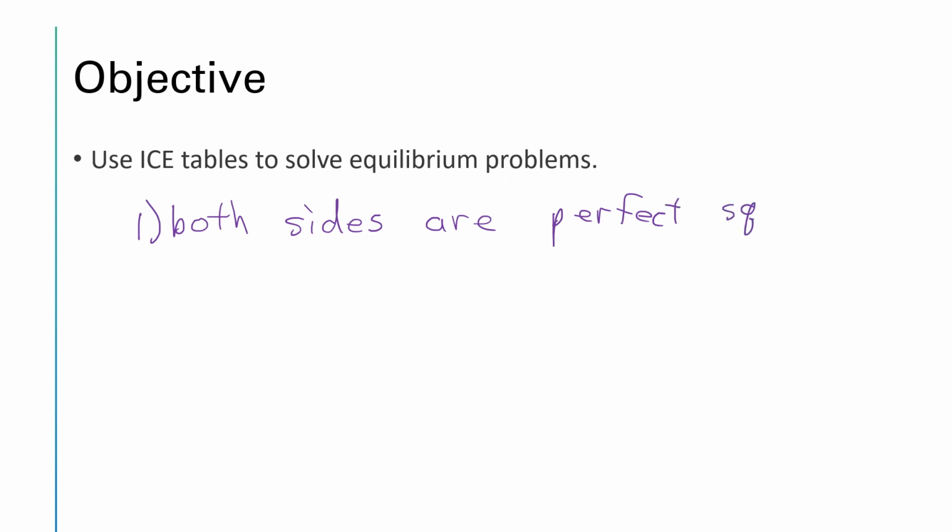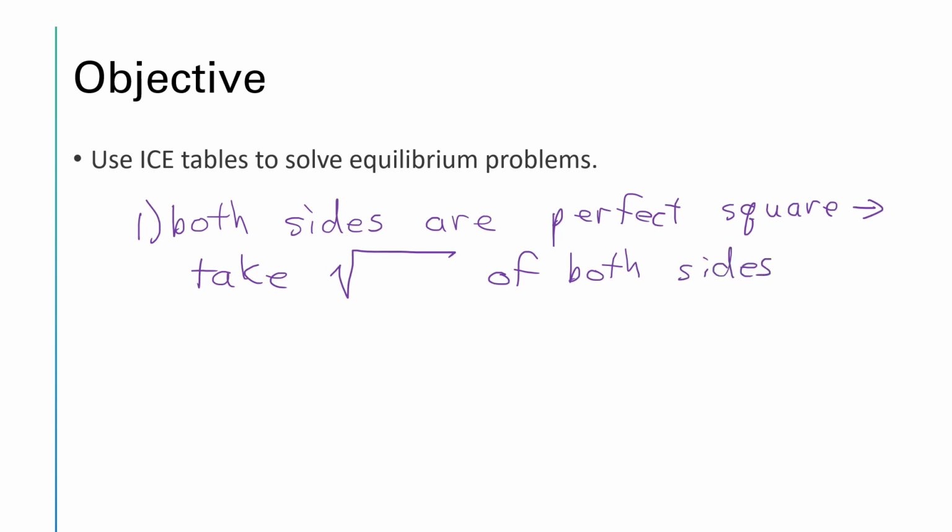And when that happens, you just want to take the square root of both sides. We also saw a situation where there's no way around it. You've got to use the quadratic formula. You'll have to do that perhaps on your homework.